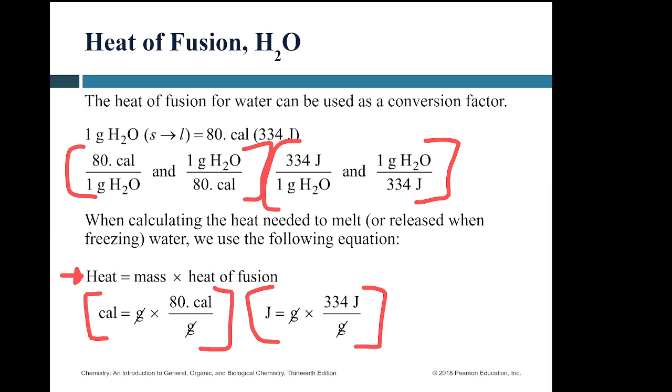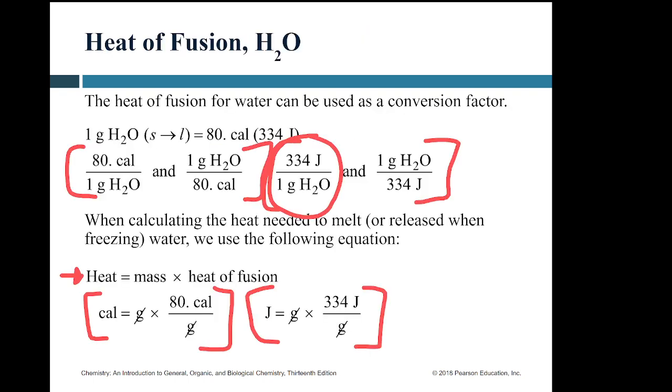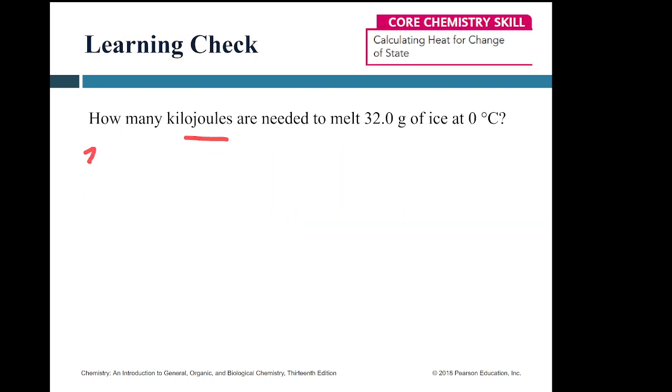Did I want the one in calories or joules? Joules. And do I want joules on top or bottom? I want to get into joules, so joules need to be on top, exactly. And so I want the joules on top number right there. Okay, so that's 334 joules for 1 gram.